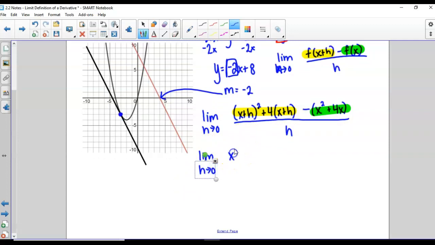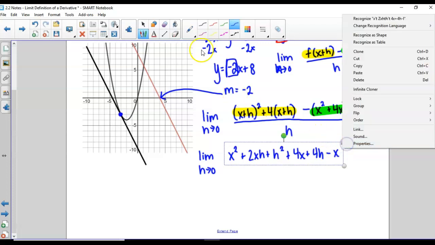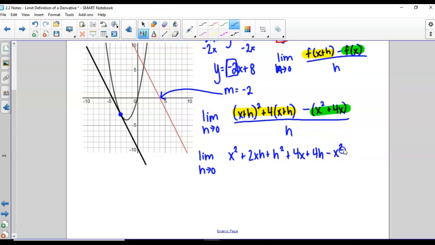So we're going to have x squared plus 2xh plus h squared plus 4x plus 4h minus x squared minus 4x, all over h.